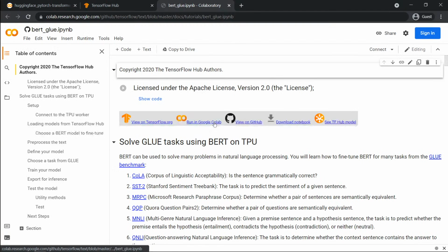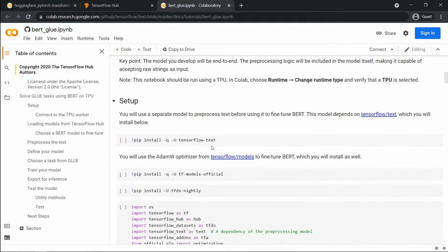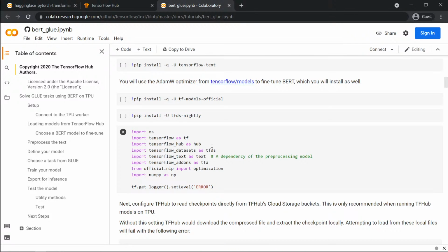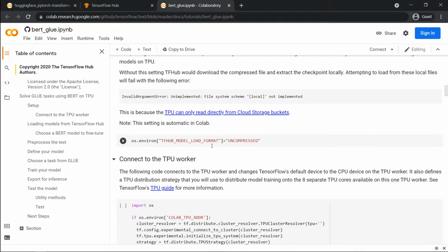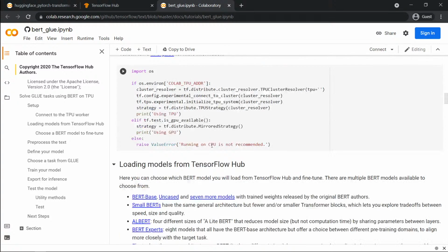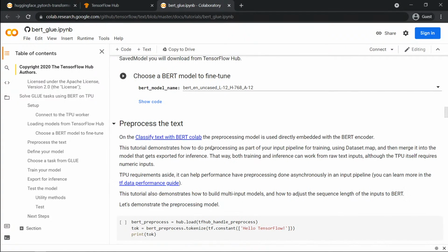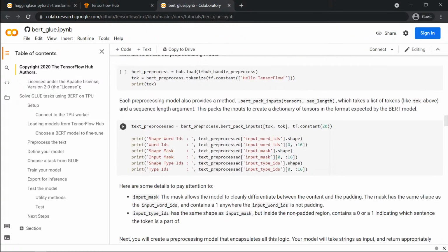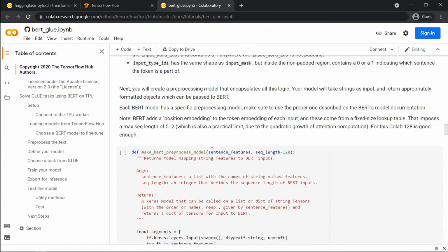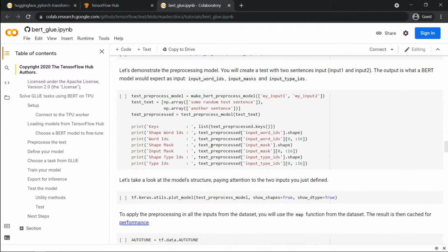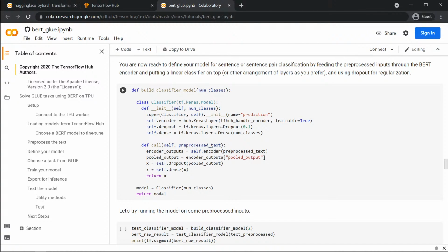Alright, we found a Colab notebook. I'm just going to go through this later.